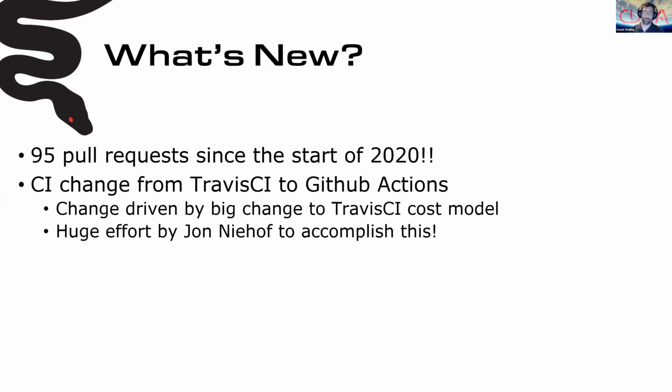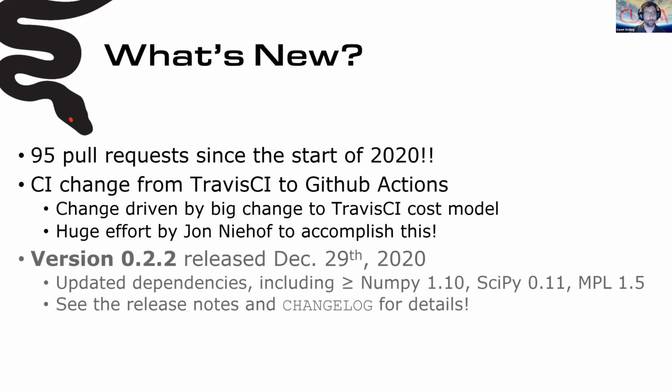As many of you know, Travis CI had a fundamental change to their cost model, making free use of this tool not free. So we had to switch to GitHub Actions to keep our CI working. And I really want to take a second to recognize the effort by John Niehof to make this happen. I mean, he's a one-man army working on these things. So thanks, John.